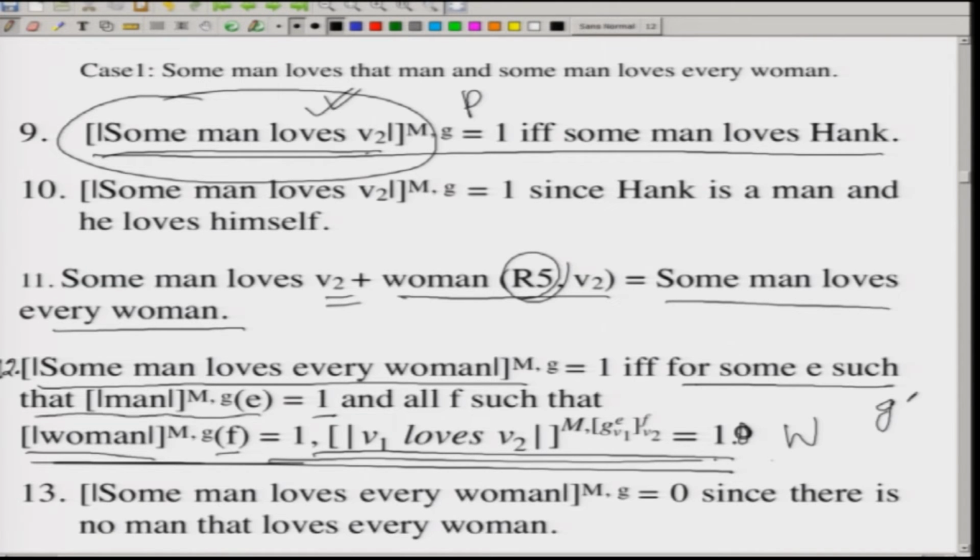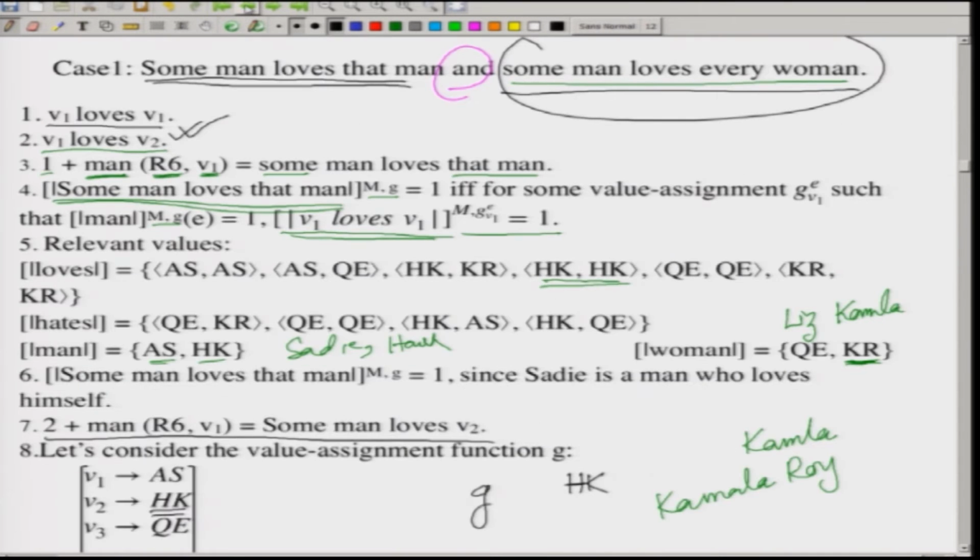So we can see that some man loves every woman is 0, since there is no man that loves every woman. We can get back to the values, and you see the structure of love. This is the structure. So yes, Hank loves Kamla, true, but Hank does not love Les, and Sadie loves Les, but Sadie does not love Kamla.